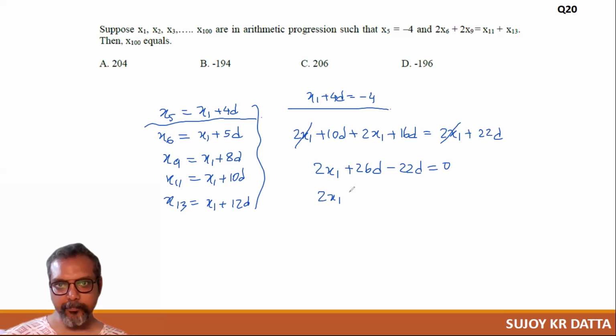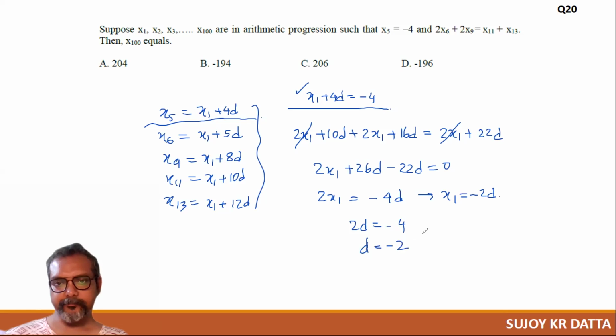So 2X1 plus 4D, or we'll write it like this. 2X1 is equal to minus 4D. So X1 is minus 2D. Now we have X1 is minus 2D. So from here we get minus 2D plus 4D. So 2D equal to minus 4. So D equal to minus 2. And X1 therefore is minus 2 times minus 2, 4.